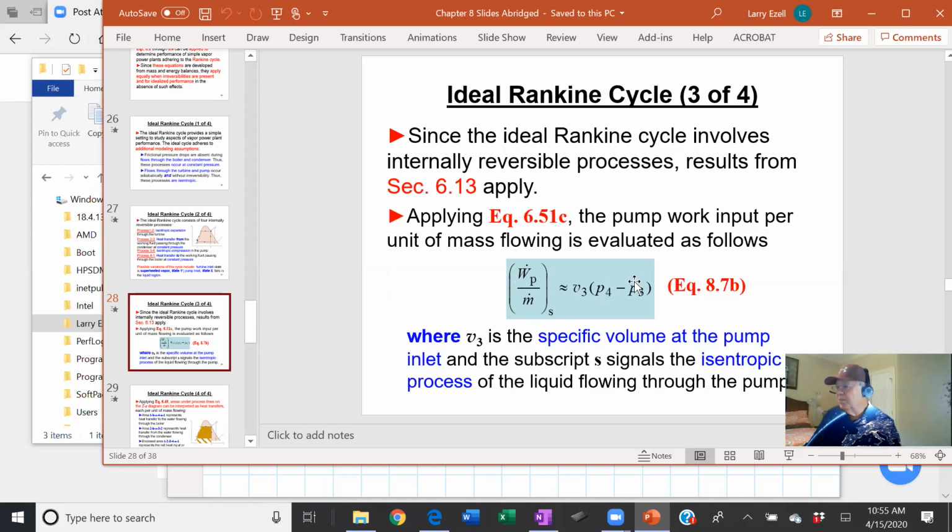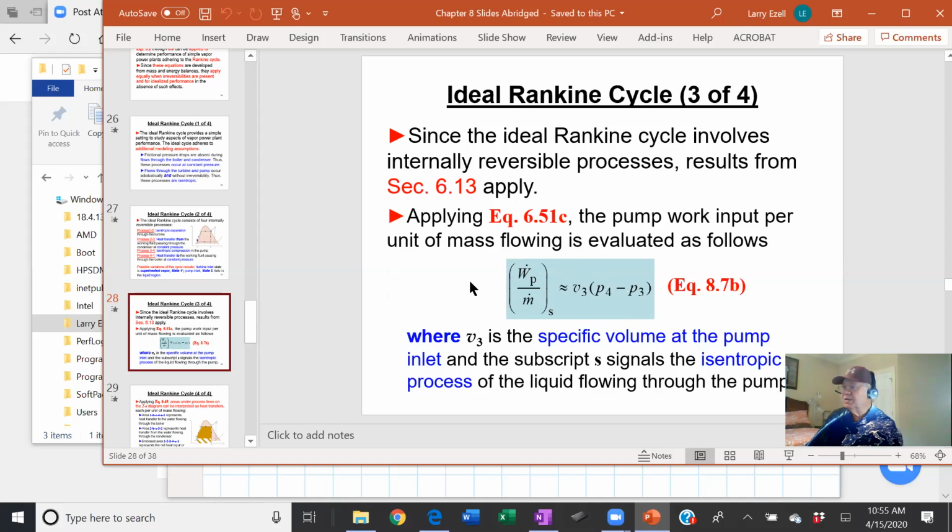You can always look up H3. It's just saturated liquid at this pressure, easy lookup. So H4 becomes H3, which you look up, plus this amount of work, which you've calculated with this formula. That's the way you can back into H4. You don't need H4 for this pump work. No, sir, you calculate right here.